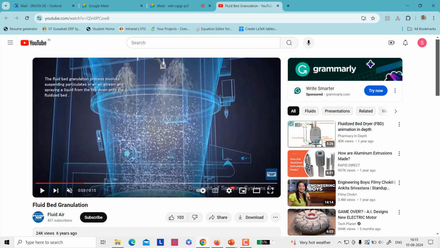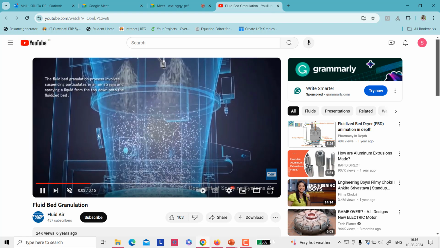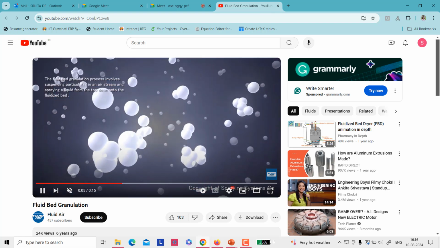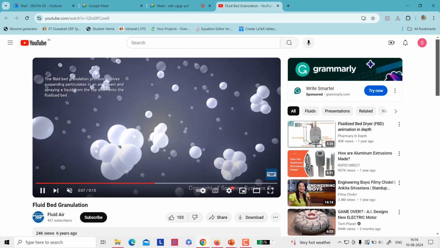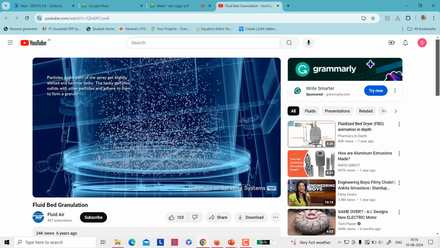Granule particles are coming, suspended in an air stream, and a liquid is sprayed from the top down onto the fluidized bed. So this is how particles are attached to each other.